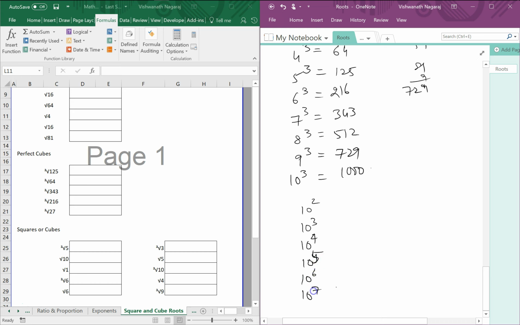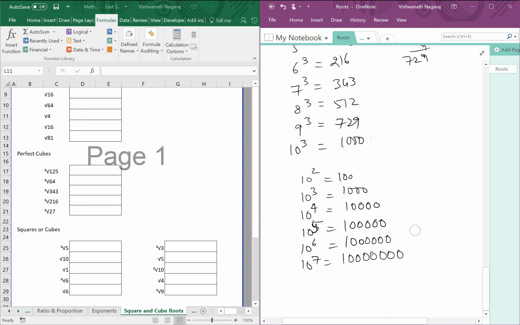So 10 to the power of 7. Remember, whatever is the number of exponents, that means the number of zeros. 1 2 3 4 5 6 7.